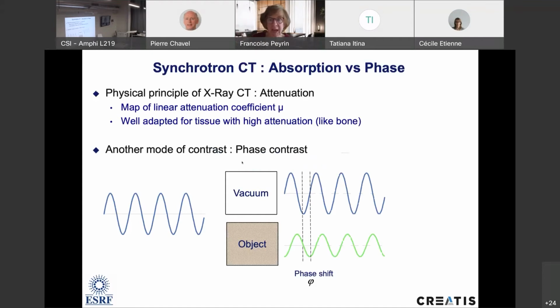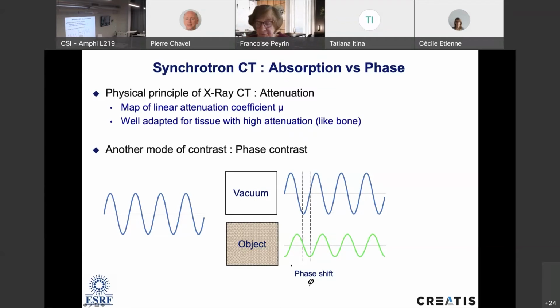When an X-ray beam propagates in space, if it goes through vacuum, you have no difference. If it goes through an object, you have an attenuation, which is represented here as this green signal, which means that the signal is smaller, but you also have a phase shift.